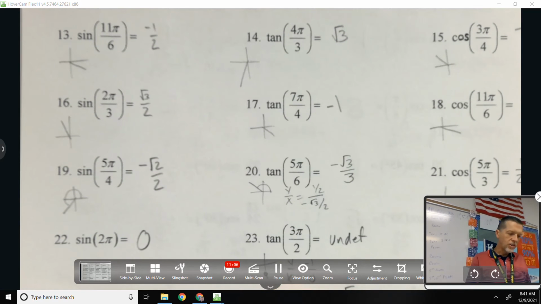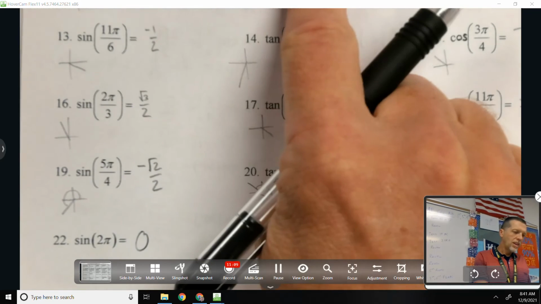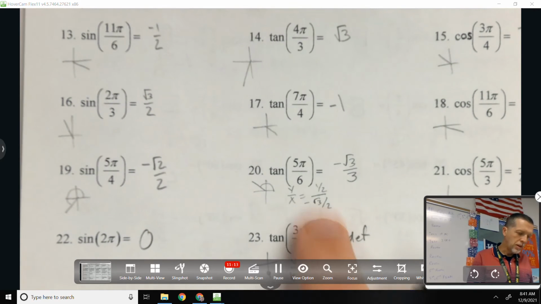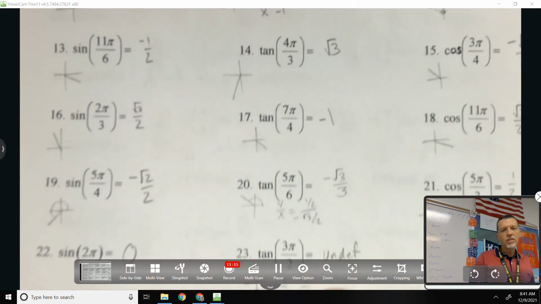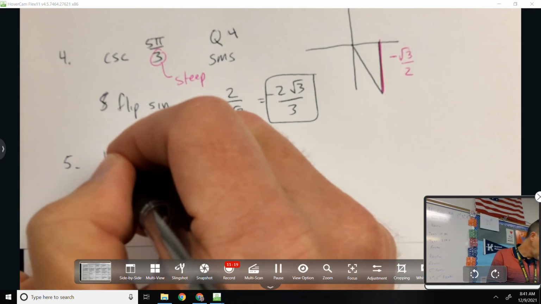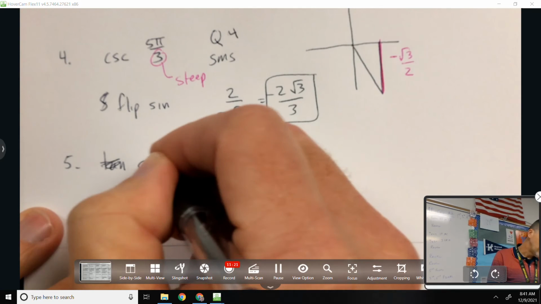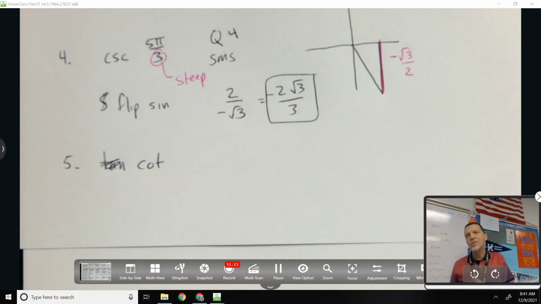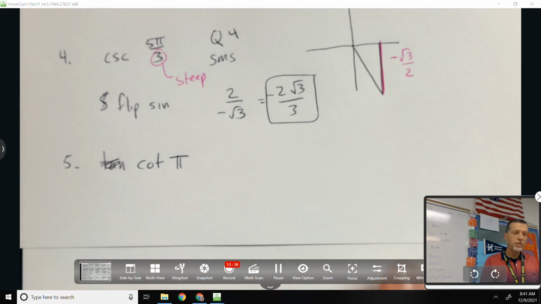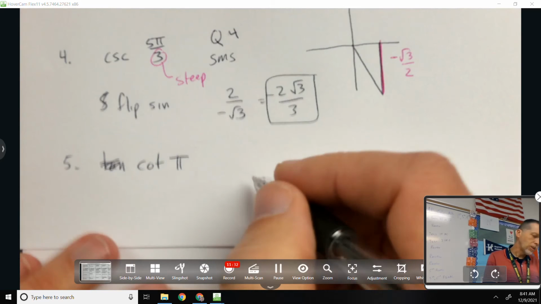Occasionally, with tangent, I show a little bit, because I can flip them in my head, but tangent's a little trickier. To me, that's the easiest method. If you don't have the unit circle, you don't want to recreate the whole thing. You want to understand it well enough that you can work these problems.